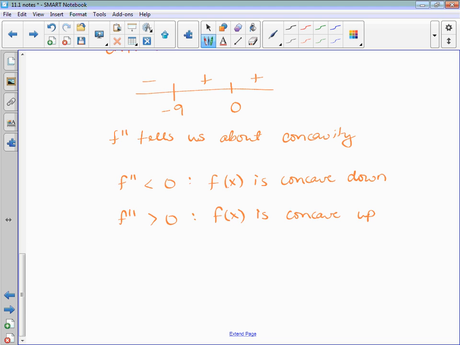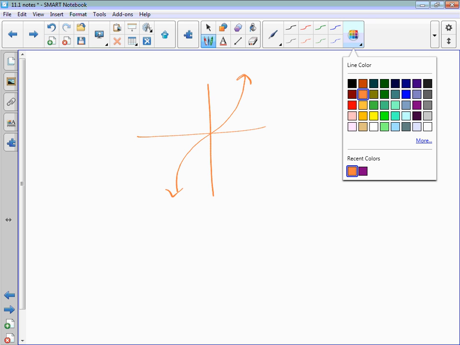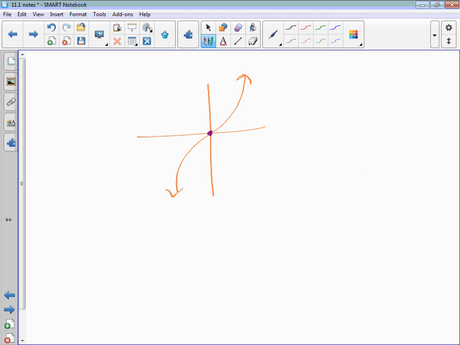Let's think about the graph of x cubed. What is this point right here called? Point of inflection. Okay, yeah, point of inflection is what we're going to focus on now.